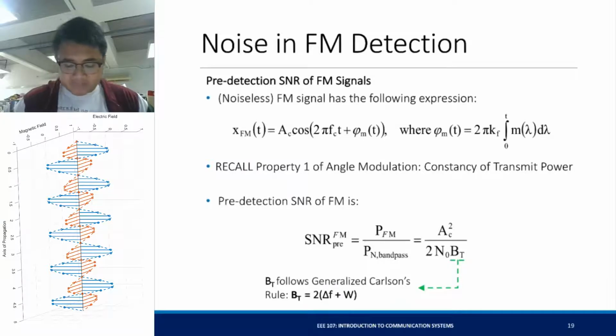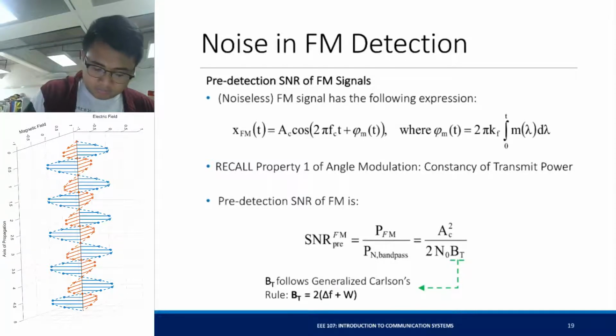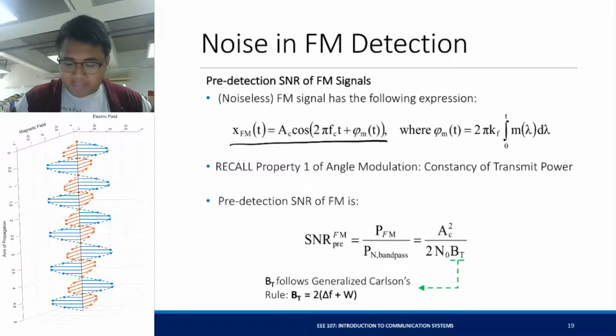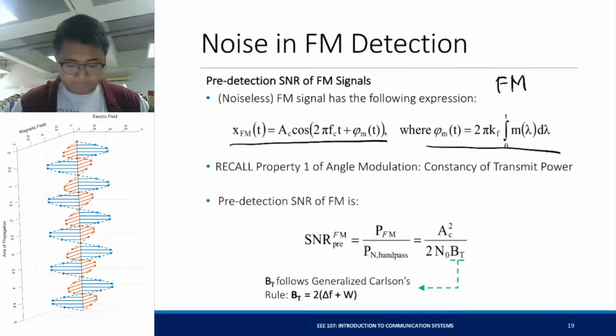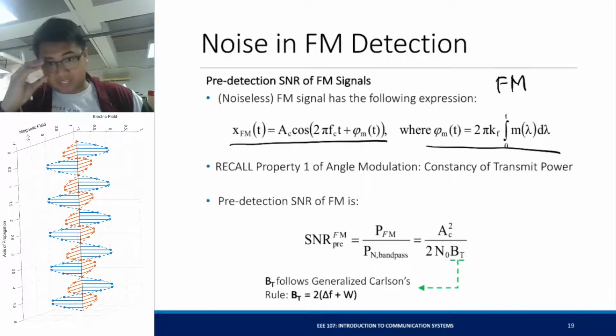Pre-detection, the FM signal has the following expression, where phi m is linearly dependent on the integral of the message. So this is an FM signal. Recall the property of angle modulation, constancy of transmit power.